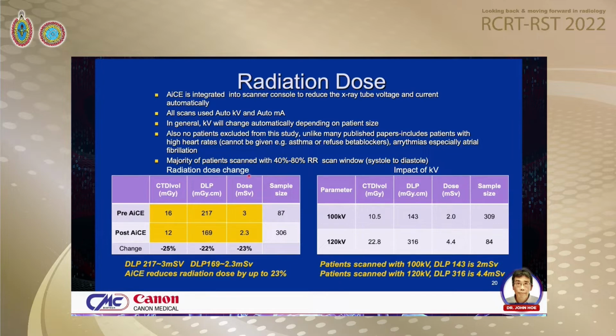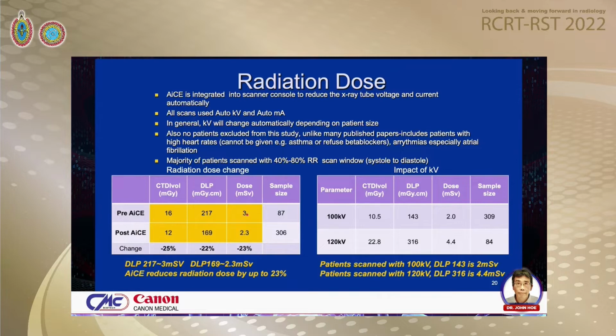And the majority of our patients were scanned with a wide RR window from systole to diastole. The reason for that is that because the radiation dose is relatively low, we don't always try to get just scan in diastole in case the patient's heart rate changes on the scan table. And you can see our results.